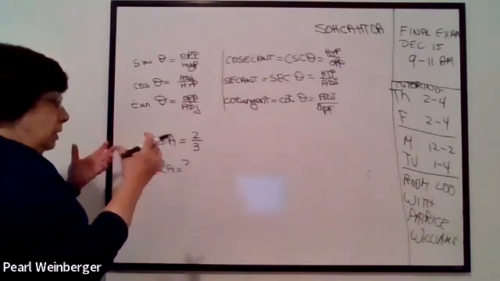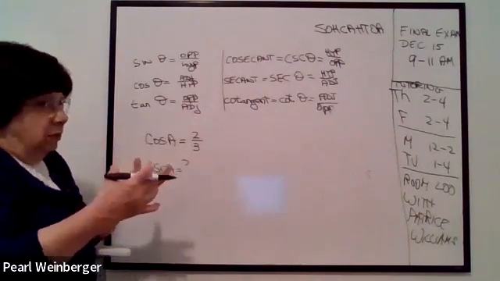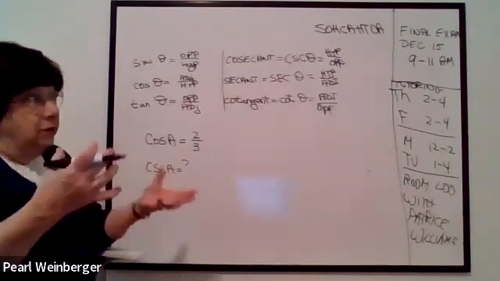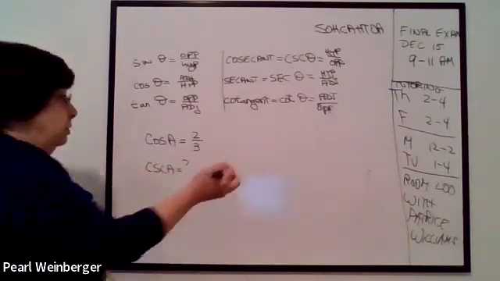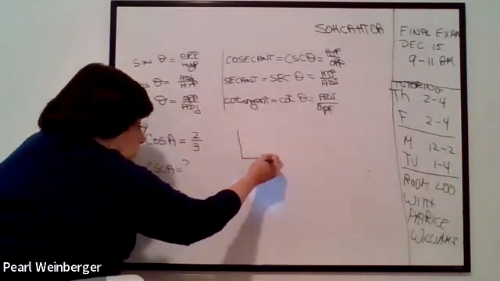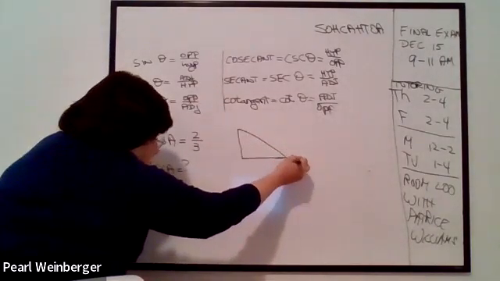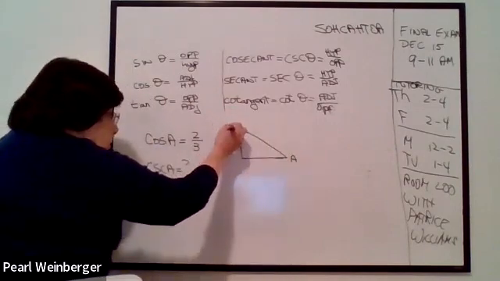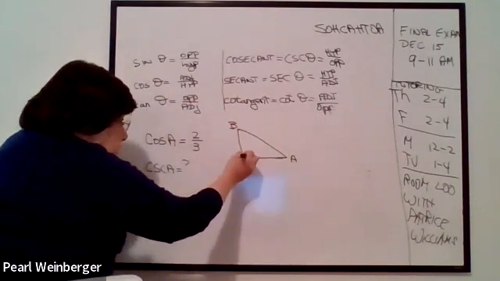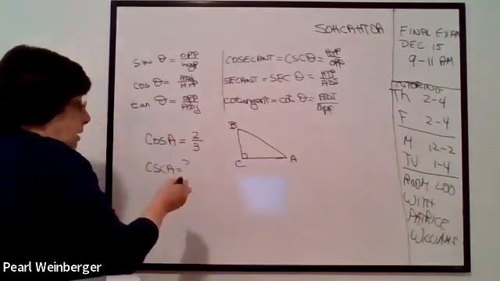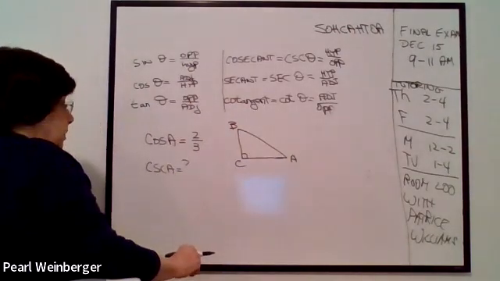Now, I know whenever they talk about a sine or a cosine or tangent, it has to do with the right triangle. So the first thing I'm going to do is draw myself a right triangle. And I'll put my A over here. It doesn't matter where I put it. The C always has to go by the right angle, by the square corner.